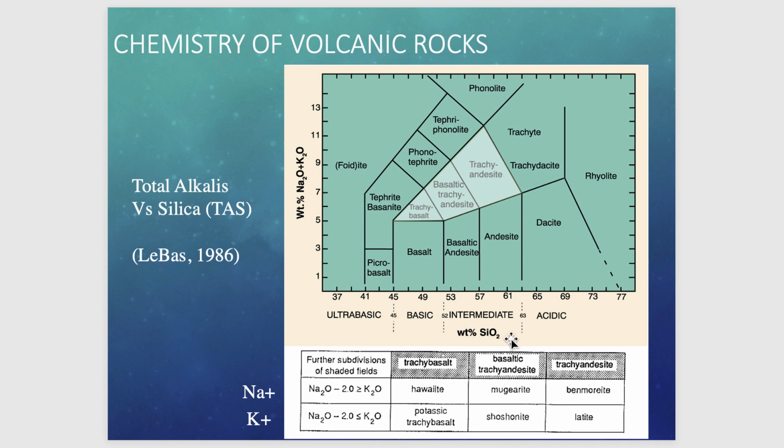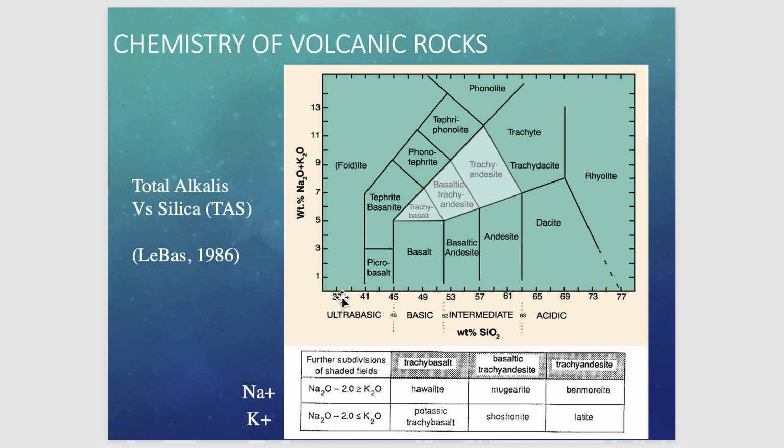So we use the percentage of silica versus the addition of two oxides, the sodium and potassium. So the alkali are these guys here, and they will have weight percentages that go from 1 to 13 or more, and that's quite handy to distinguish alkaline series from subalkaline series down here.